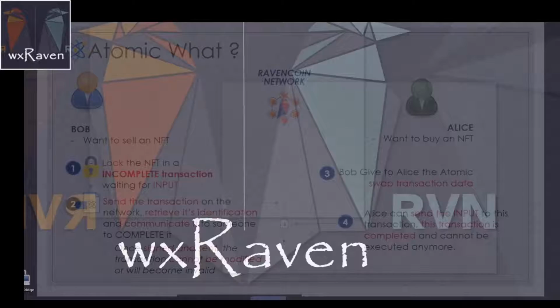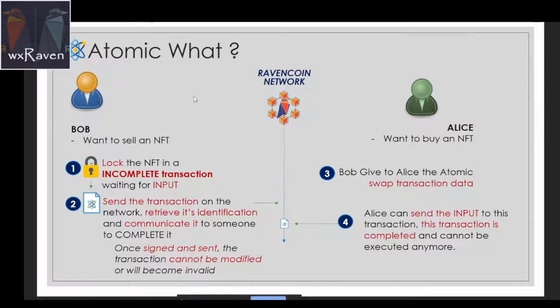How does it work? It's quite easy. Let's say I'm Bob and I want to sell my NFT. The way I can do that is I create an incomplete transaction, which I will sign and put on the network.